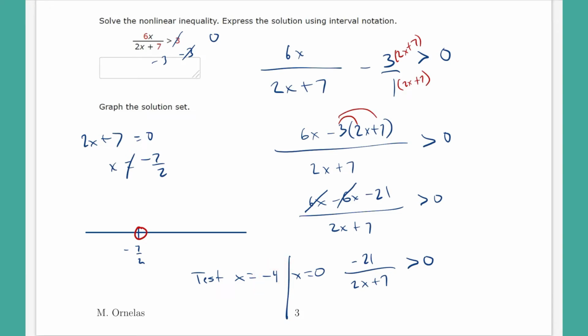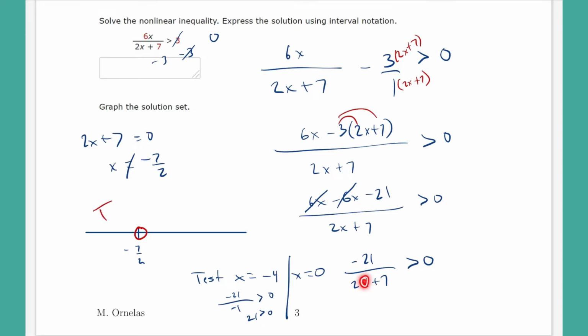So if I plug negative 4 into here, you have negative 21 divided by negative 4, 2 times negative 4 is negative 8. Negative 8 plus 7 is negative 1. Is that greater than 0? It is, because a negative divided by a negative is a positive, and therefore that is true.